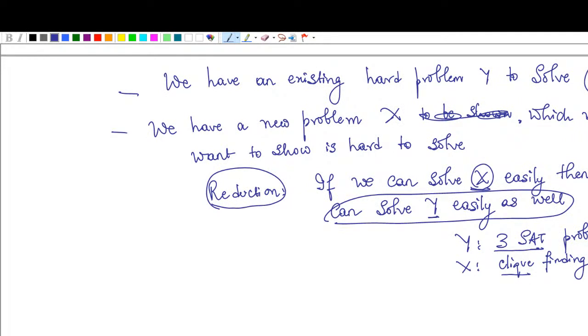And then if my clique finding problem is easy to solve, then so is my 3-SAT problem, which is not true. Now in cryptography reductions, we are actually trying to prove something similar.